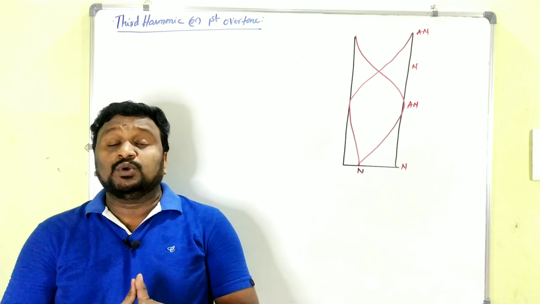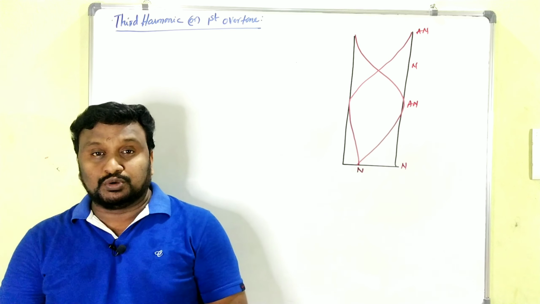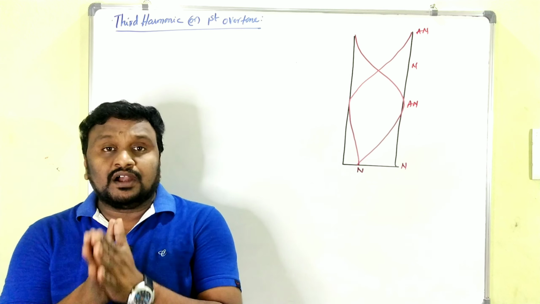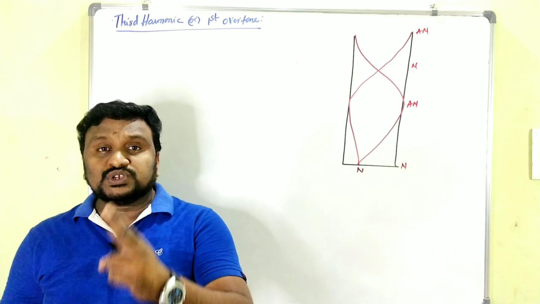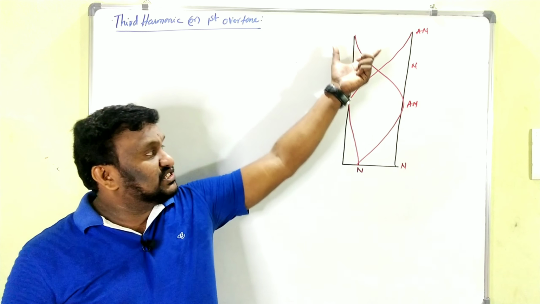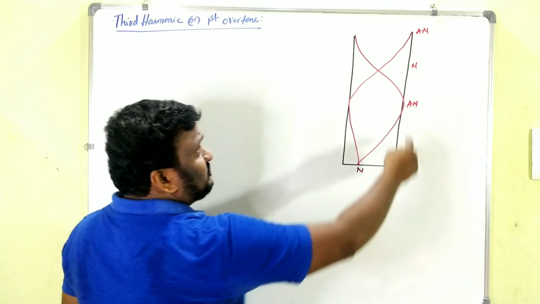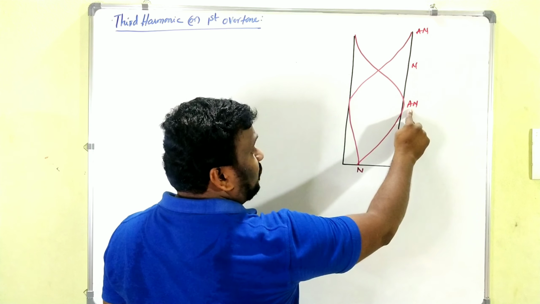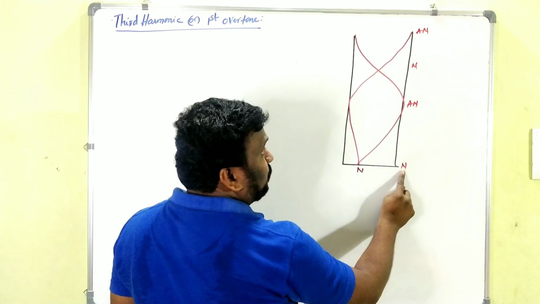Now we have to derive the expression for third harmonic or first overtone, children. To get the third harmonic, the stationary wave must consist of two nodes and two antinodes. Look here, the stationary wave should be like this. In this, how many antinodes are there? This is the first antinode and this is the next antinode. Two antinodes are there, and this is the first node and this is the second node.